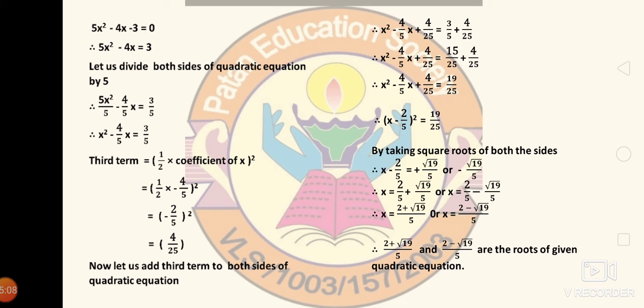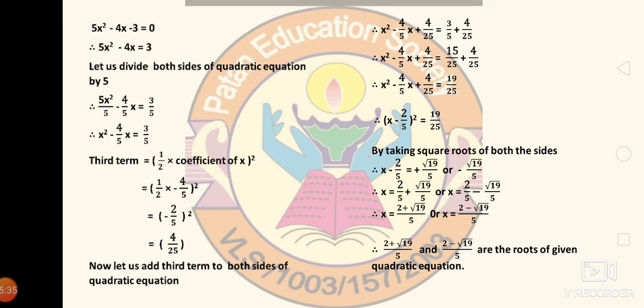Now see, in the next step, x square minus 4 upon 5x plus 4 upon 25, this left hand side will remain as it is. On the right hand side, the denominators are the same, so you only have to add both the numerators. 15 plus 4 will become 19, and 25 you have to write as it is.